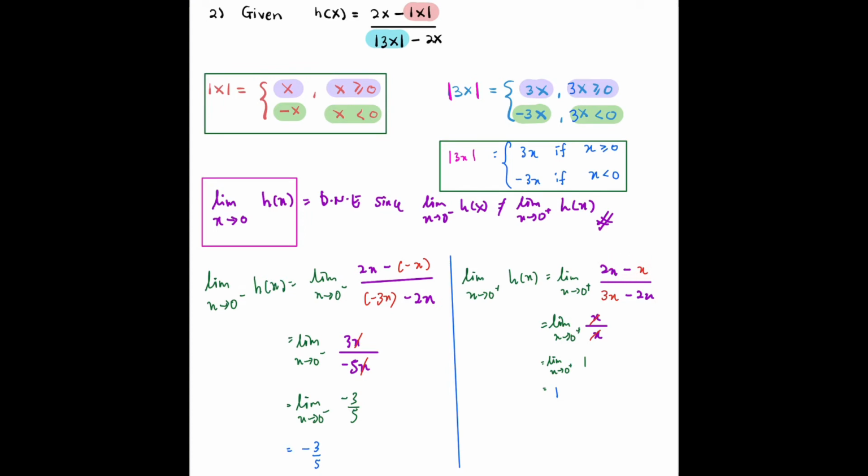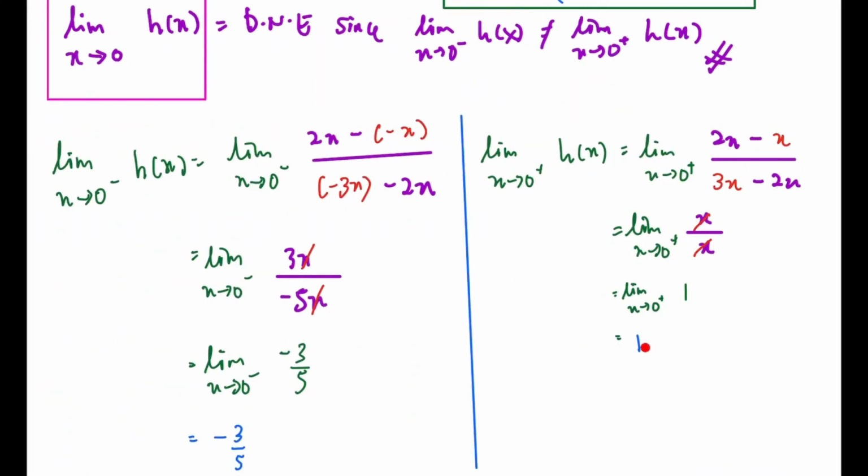This is x, and this is equal to x. So let's cancel out, and you're left with 1. The limit of a constant is again a constant. Now let's conclude our answer. Since the limit of h(x) from the left is not the same as the limit as x approaches 0 from the right, therefore the limit of h(x) as x approaches 0 does not exist.